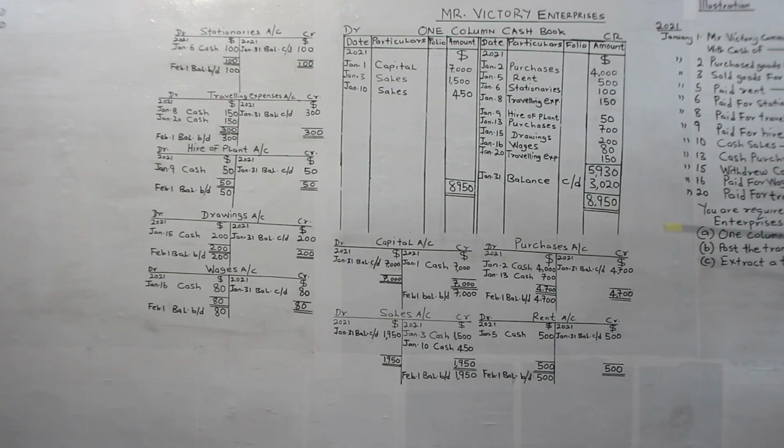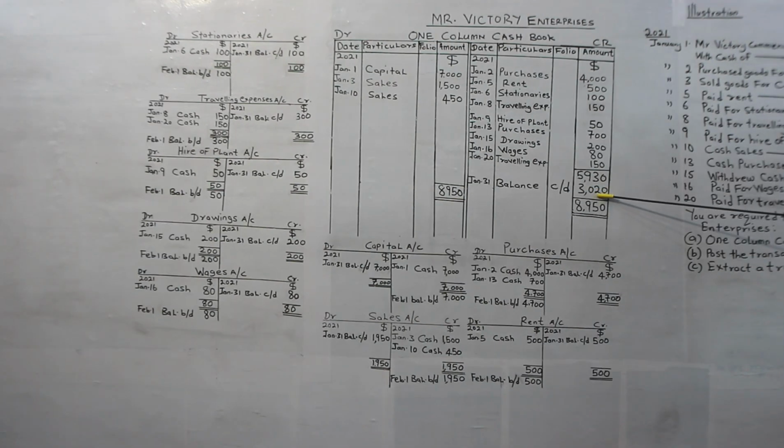And now we establish our balance brought down by taking this 3,020 to the debit side. So 3,020 becomes the balance carried down on January 31st, 2021. Of course, month end is January 31st.